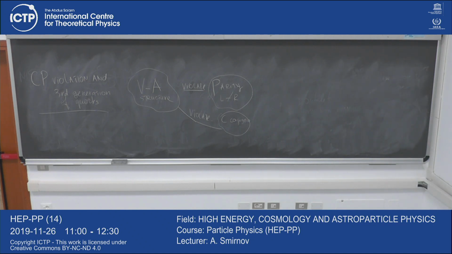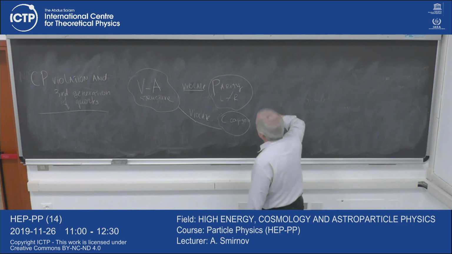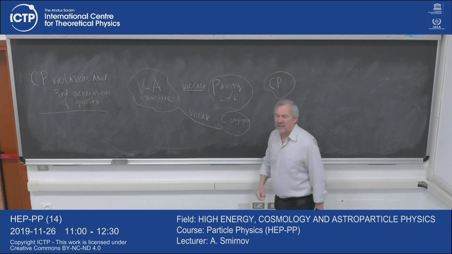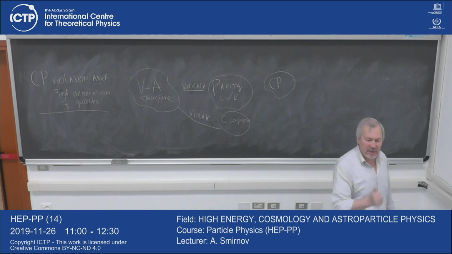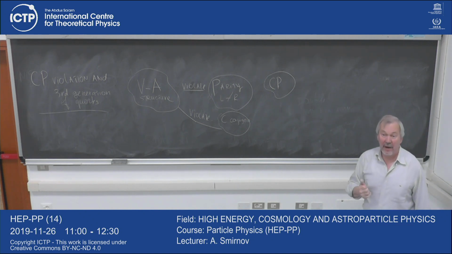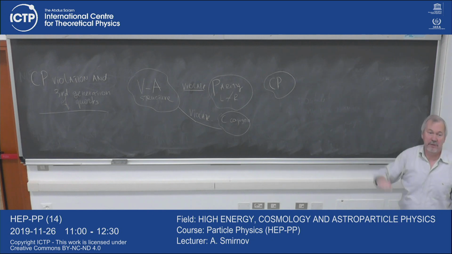And this is also a consequence of V minus A. However, this V minus A structure conserves CP. So if you do transformation, say first C transformation and then P transformation, then your Hamiltonian of weak interaction is invariant. Again, you will have an exercise to check this. Or you can first do P transformation and then C transformation. So these combined transformations leave the Hamiltonian invariant. This is the V minus A Hamiltonian, which we have discussed before.